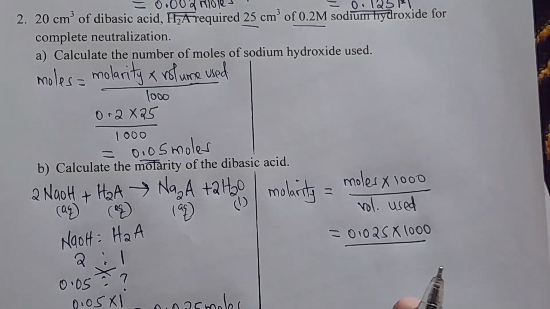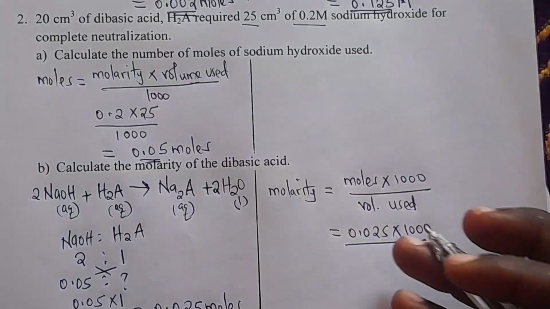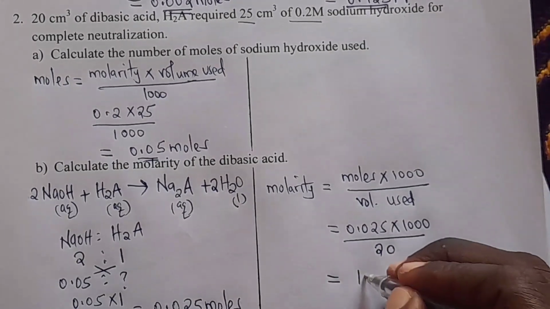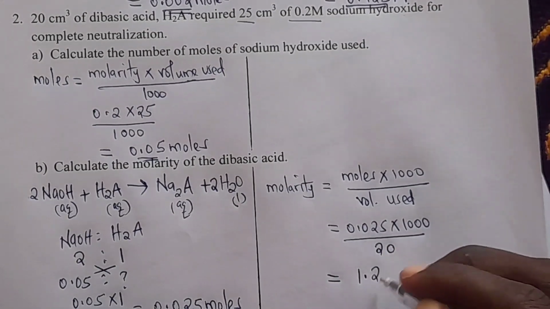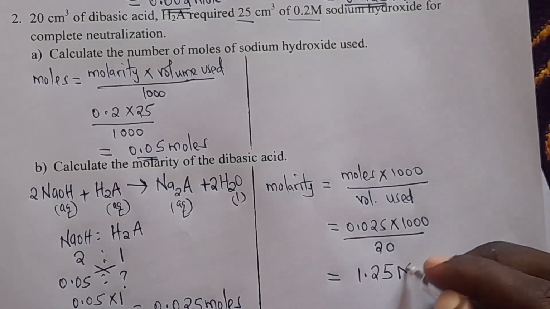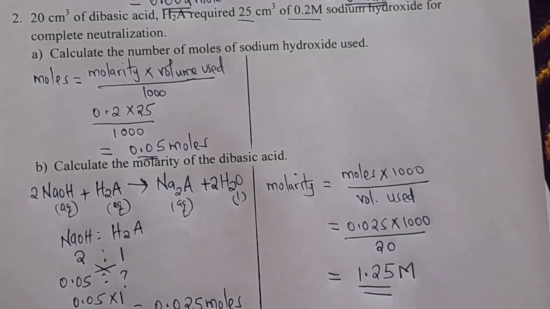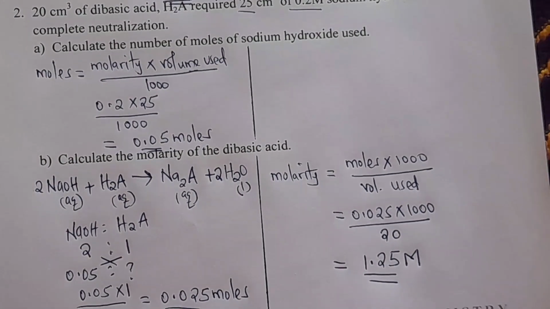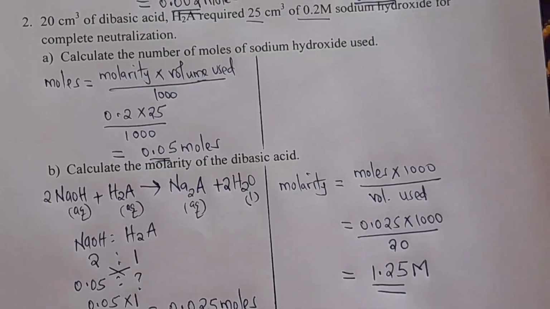The volume used of dibasic acid is 20. So we are having divided by 20. Here we are going to get 1.25 mole. That is the molarity of the dibasic acid. That's the end of our question.